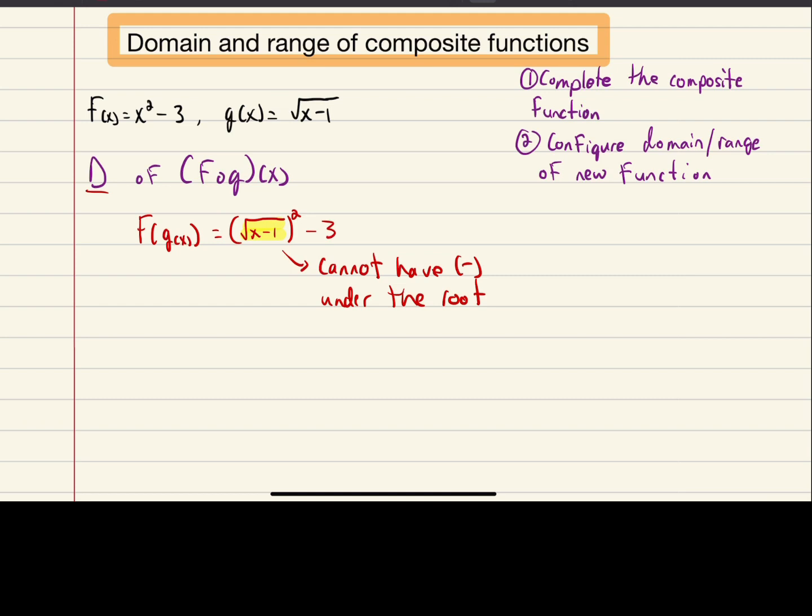Therefore, since it's x − 1, x must be greater than or equal to 1. Because if it's equal to 1, you'll get a value of 0 underneath the root. So other than that, we can say that for all values of x where x is greater than or equal to 1, x is all real numbers.